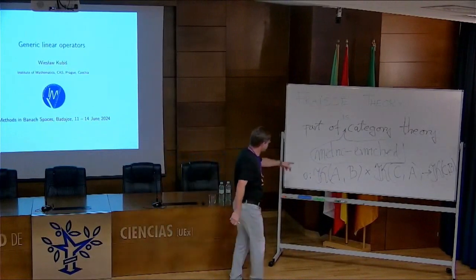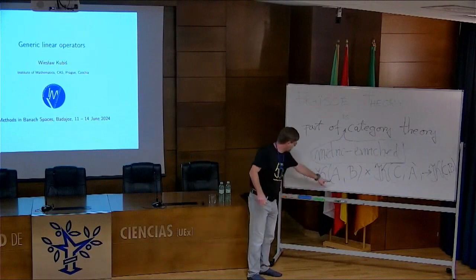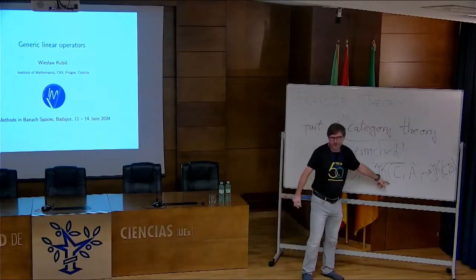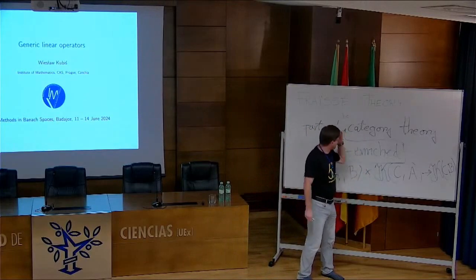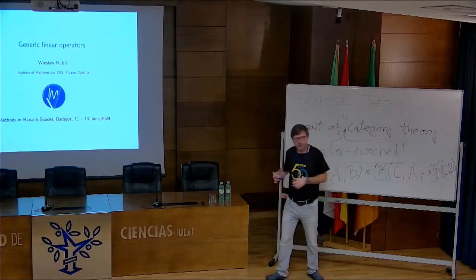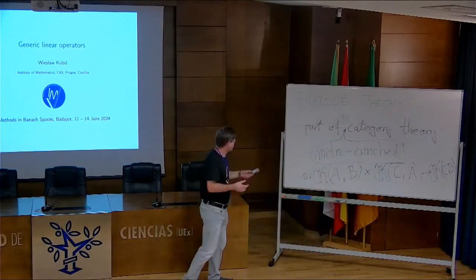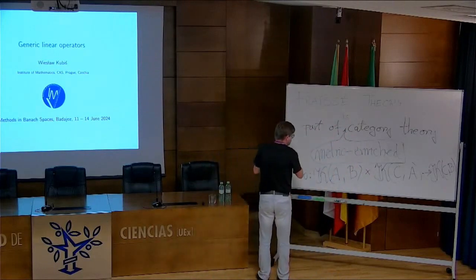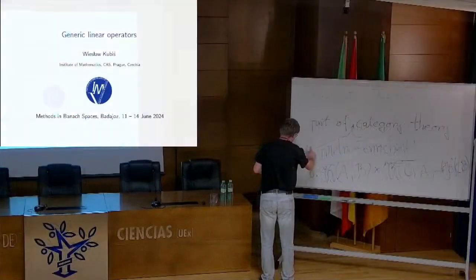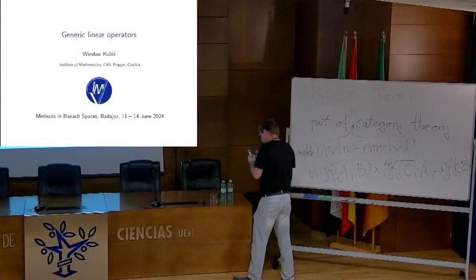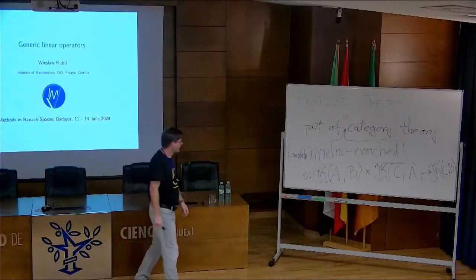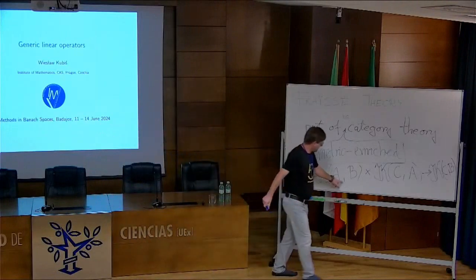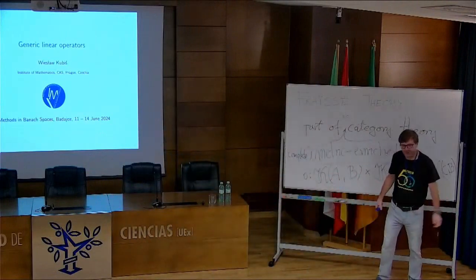What does it mean, metric enriched? Simply, all these sets are not just sets. These are metric spaces. And actually, for Fraïssé theory, we need complete metric spaces, so I could even say complete here, because we want certain sequences to converge in the end. So these are metric spaces, and what do you require?